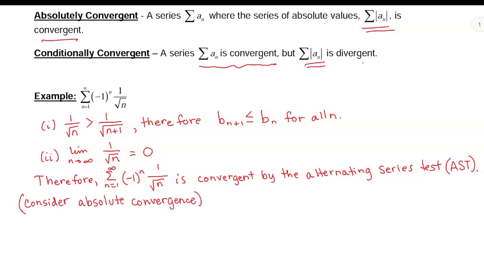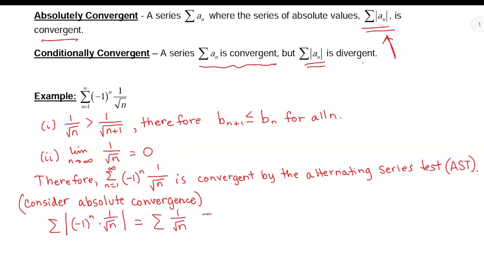And if you check back up at the top, that means I'm going to look at the absolute value of the series, the absolute value of negative 1 to the n times 1 over root n, which means I want to look at the series of just 1 over root n.